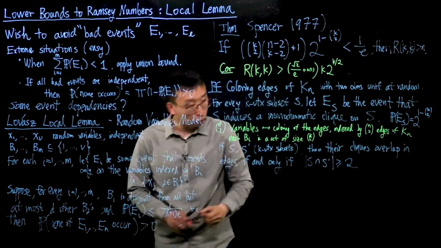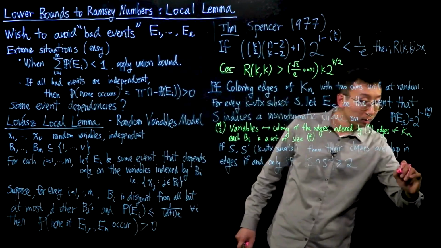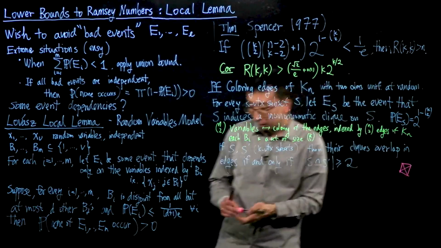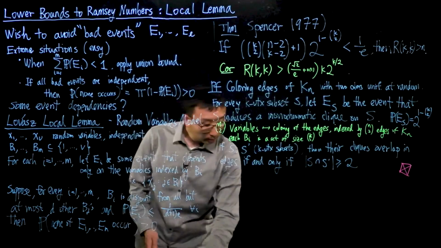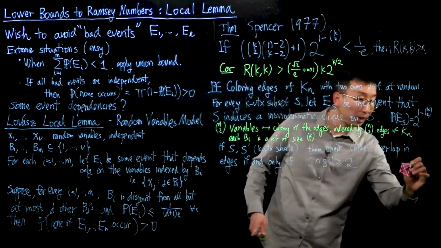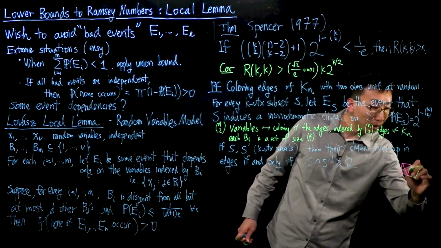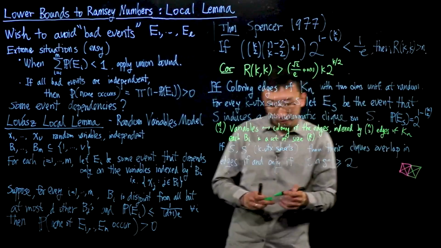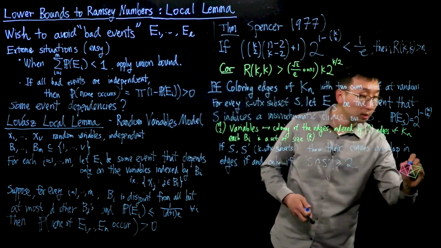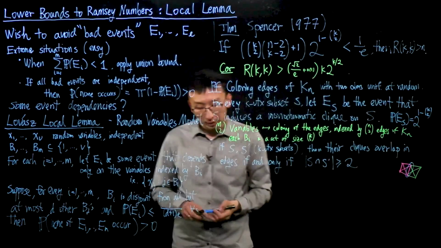So as an illustration, if you have this clique of size 4 and another clique of size 4, then they overlap in at least one edge if and only if the vertex sets overlap in at least two vertices.